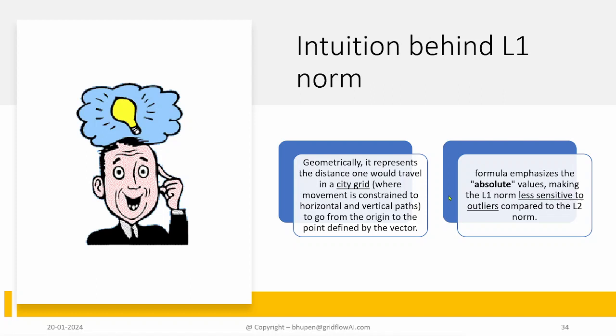If we get this right, then we understand why some of the coefficients are turning 0 in case of L1, not in case of L2, and so on. One other good thing about L1 regularization is that since we are taking only the absolute value, it is less sensitive to outliers compared to the L2 norm.